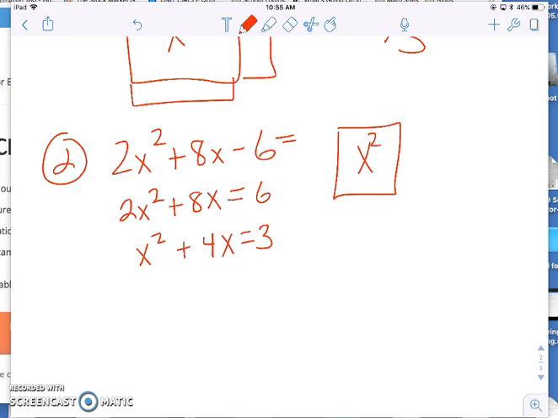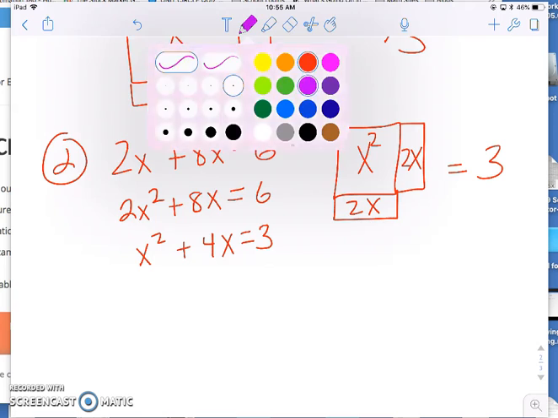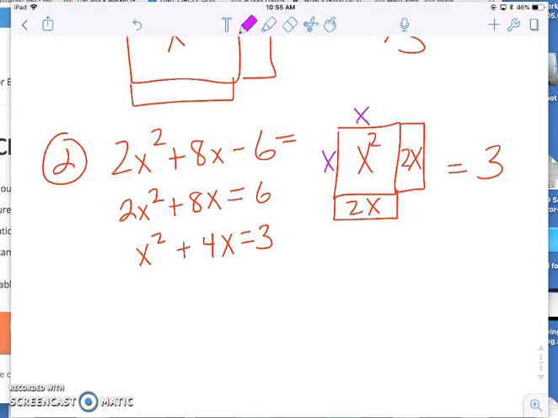X squared, we split the 4x into 2x and 2x. That equals 3. So we have x and x plus 2 plus 2. To fill in this little blank, that's 4. So we add 4. So now it's x plus 2 squared equals 7. But you can see some are easier than others to solve using the square root method.